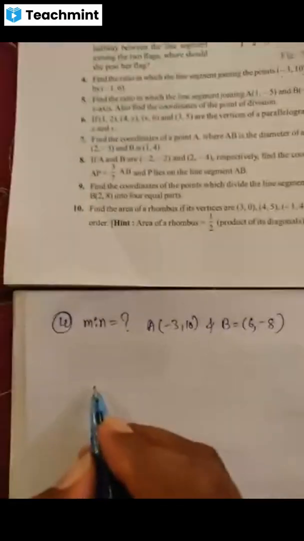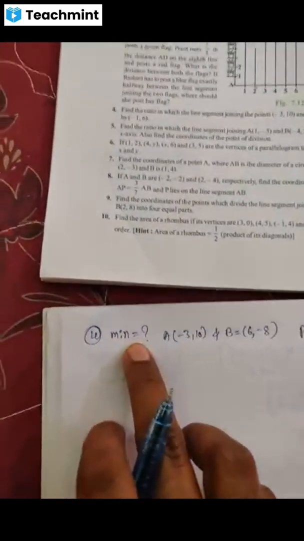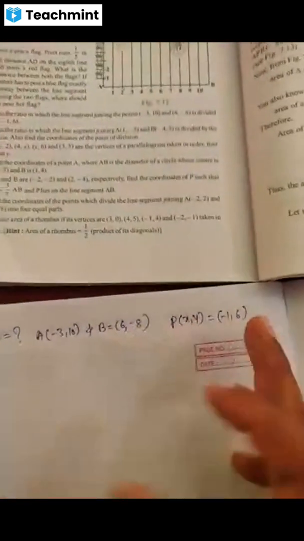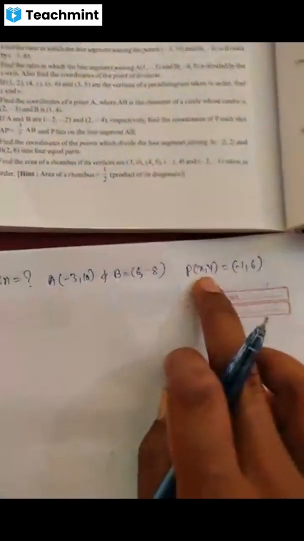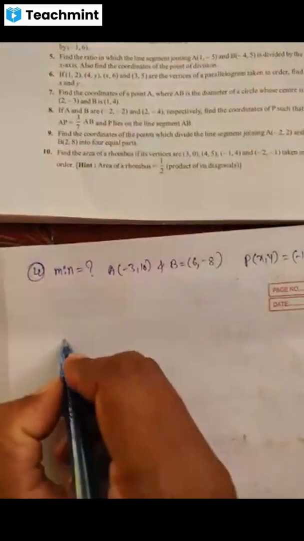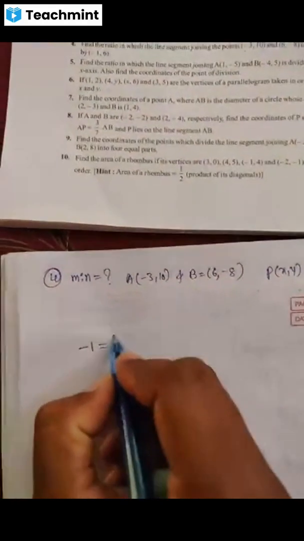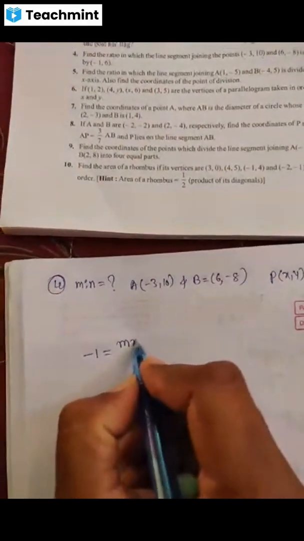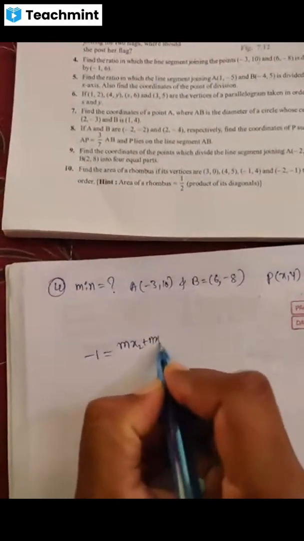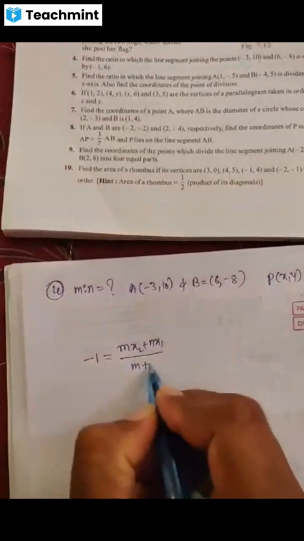If they ask directly to find the m is to n ratio, you can take the x coordinate or you may take the y coordinate. The x coordinate is -1. For that, the section formula is given by (mx2 plus nx1) divided by (m plus n).